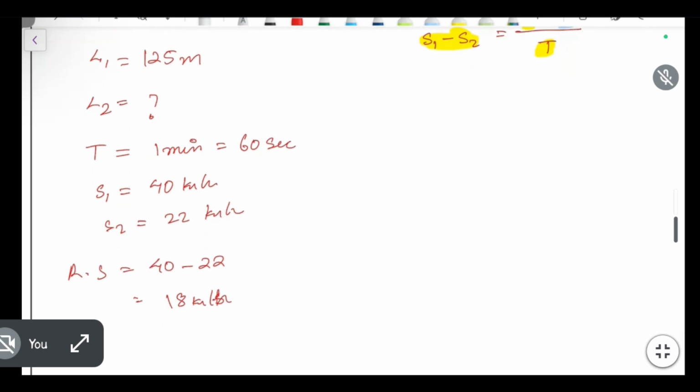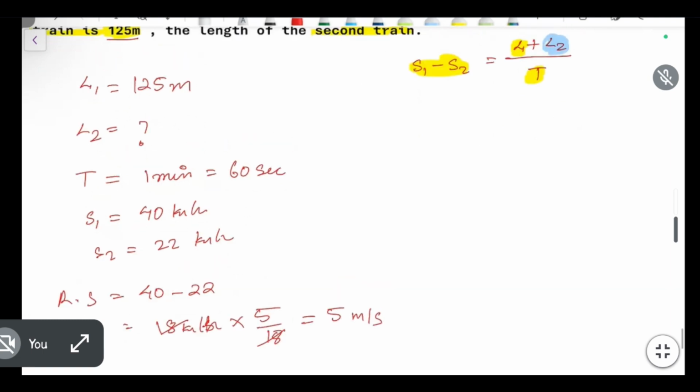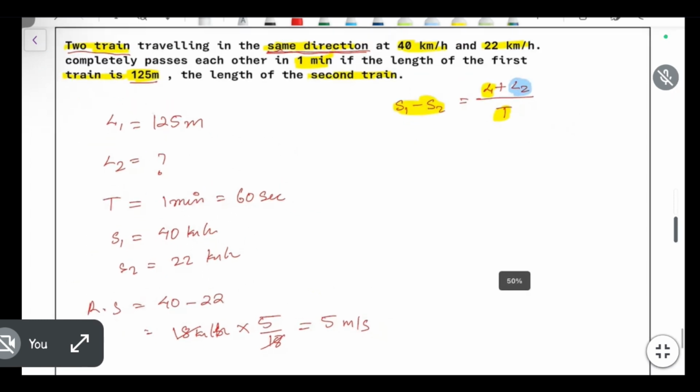If I want to convert it to meter per second, I just need to multiply it by 5 by 18. The 18s cancel, which means our relative speed here is 5 meter per second. So now let's get back to the question here.